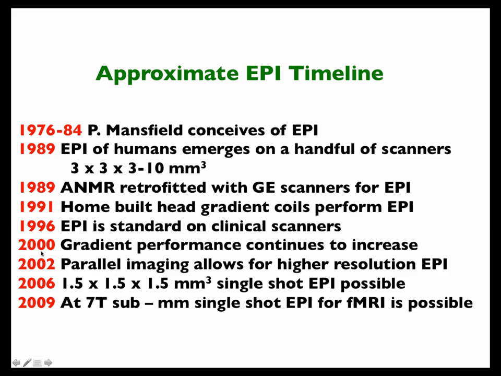By 2000, you had more high performance gradients. In 2002, parallel imaging for high resolution EPI came about. About 2006, 1.5 millimeter cubed EPI was possible. And in 2009, single shot sub-millimeter EPI was possible.